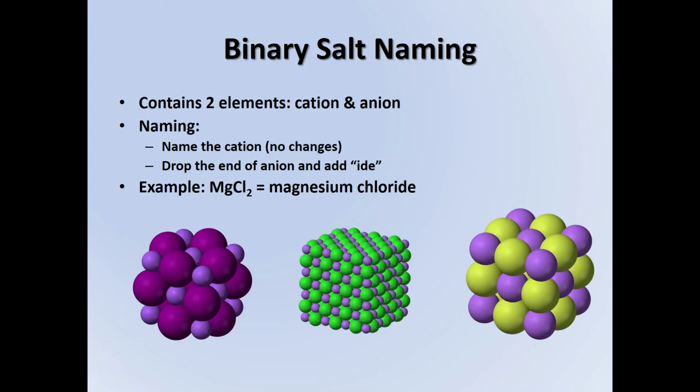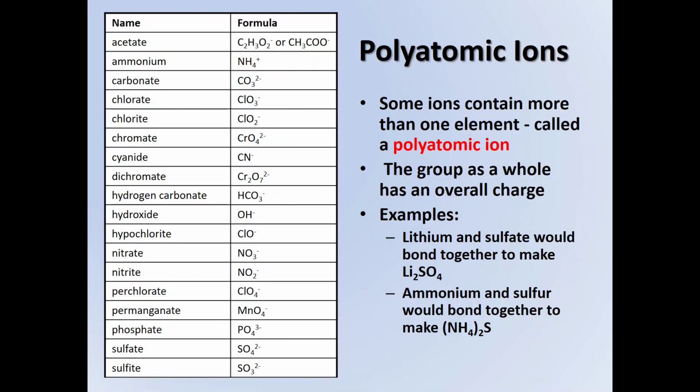So binary naming is cation with no change. For the anion, you take the root word and put the suffix -ide after it. So magnesium chloride.